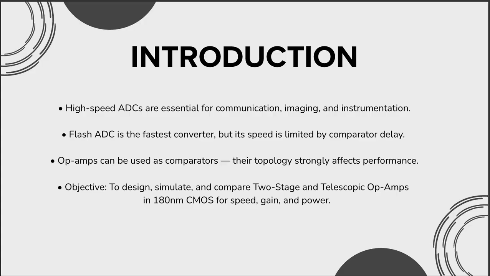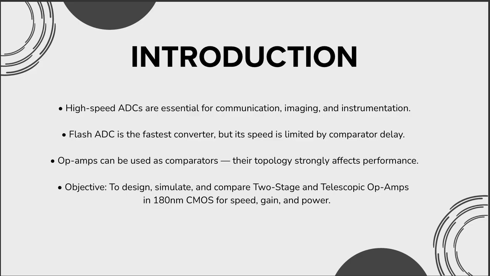In modern electronic systems, especially in communication, imaging, and digital instrumentation, high speed analog to digital converters play a very important role. Among all ADC architectures, the flash ADC is the fastest because it completes the entire conversion in just one clock cycle.